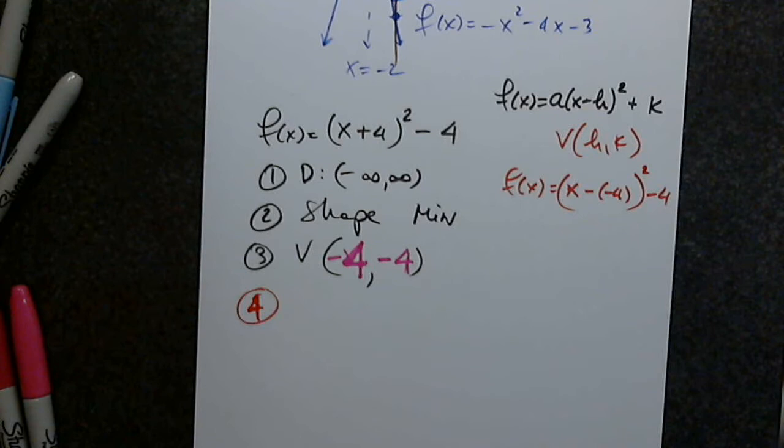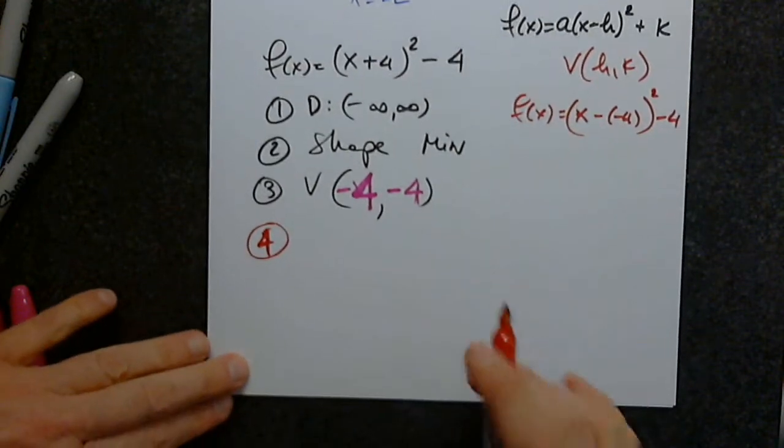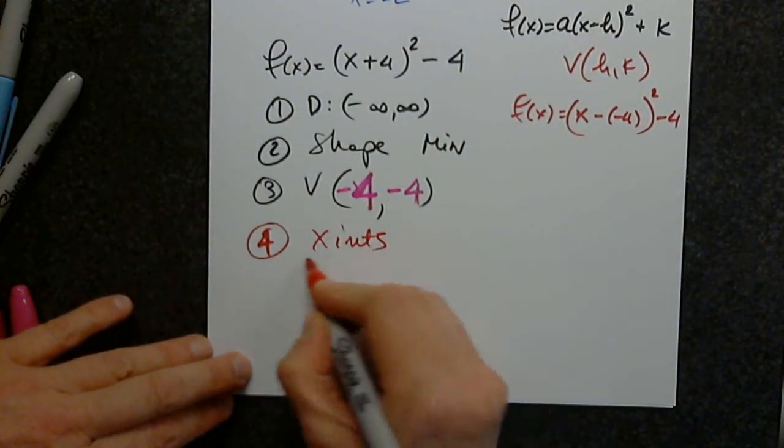But since the minimum value is negative, the function must cross the x-axis twice. Do you agree with that? Let's do this one more time. X squared, 4 to your left, and then down. Does it cross the x-axis or not? In 2 different points, because the y-coordinate of the vertex is negative. So yes, they exist. How do I find them?